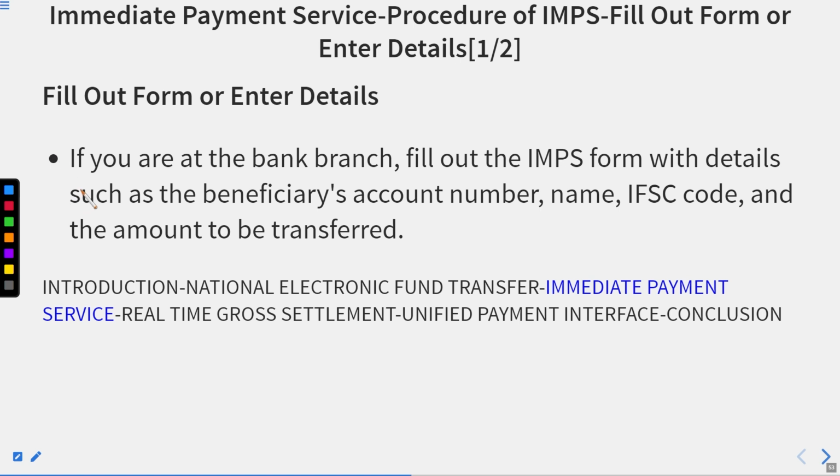If you are at the bank branch, which signifies that you are using the IMPS in the offline manner, fill out the IMPS form with details such as the beneficiary's account number, name, IFSC code, and the amount to be transferred. Whenever you visit the physical branch, or go for the offline transaction, they will always ask you to fill up the form.